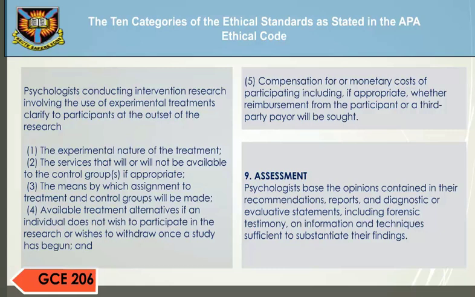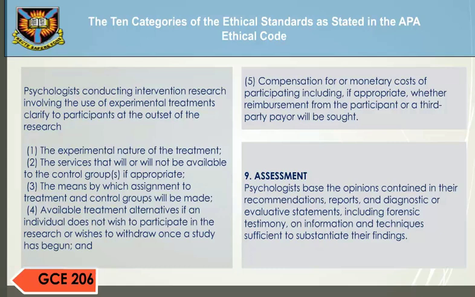Psychologists conducting intervention research involving the use of experimental treatments clarify to participants at the outset of the research: 1. The experimental nature of the treatment. 2. The services that will or will not be available to the control groups if appropriate. 3. The means by which assignment to treatment and control groups will be made. 4.